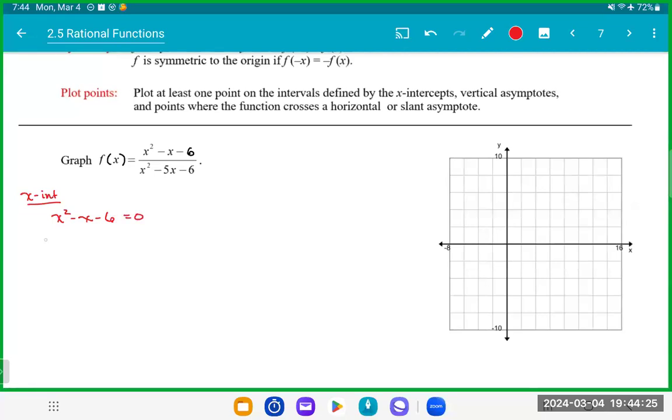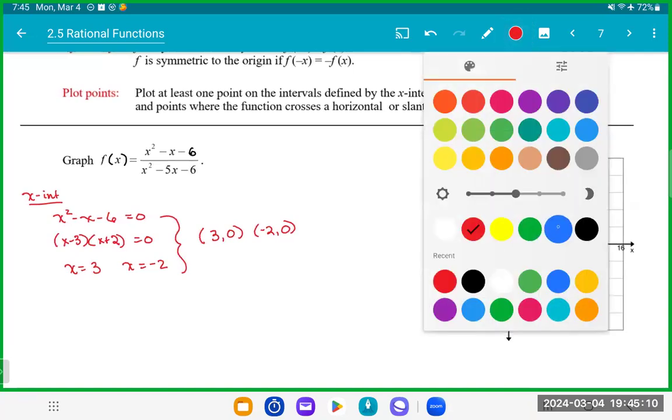Set that equal to 0. So we can factor that as x minus 3, x plus 2. Therefore, x is either 3 or x is negative 2. Therefore, that makes our x intercepts 3, 0 and negative 2, 0. Okay, so we could actually come over here. At 3, 0, we have a point, and at negative 2, 0, we have another point.